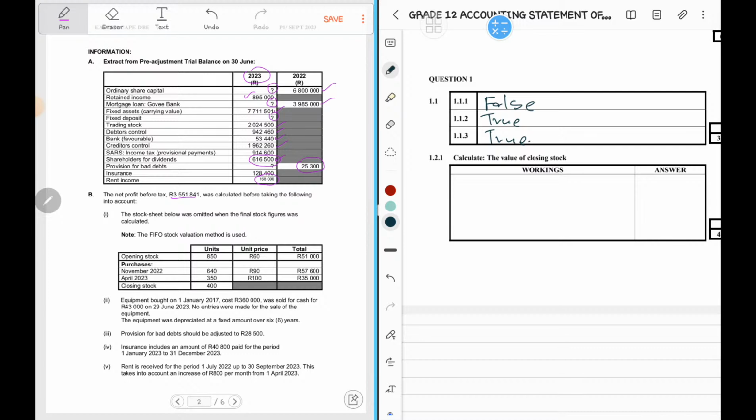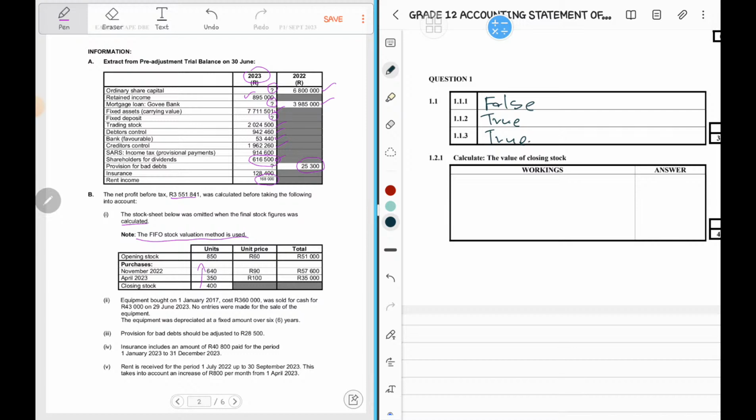Okay, then we can see that we have the stock sheet below. They are saying the stock sheet below was omitted when the final stock figures were calculated, meaning that when they were calculating the stock on hand for the trading stock, the following stock was omitted. But we are being told that the FIFO stock valuation method is used, meaning that we're going to use the first in first out method, whereby the available stock that is currently remaining will be based on the recent purchases, meaning that we are going to start from the bottom up so that we can determine the value of the stock on hand.